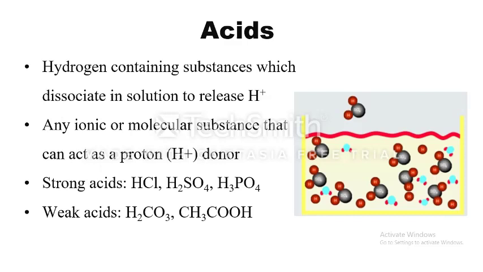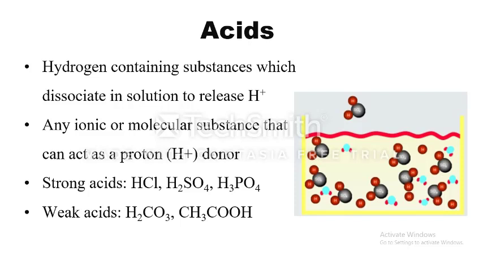Now, I think all of you know what acids are, but let's have a brief introduction to acids. Hydrogen containing substances which dissociate in solution to release hydrogen ions are called acids, or any ionic or molecular substance that can act as a proton donor is called an acid.